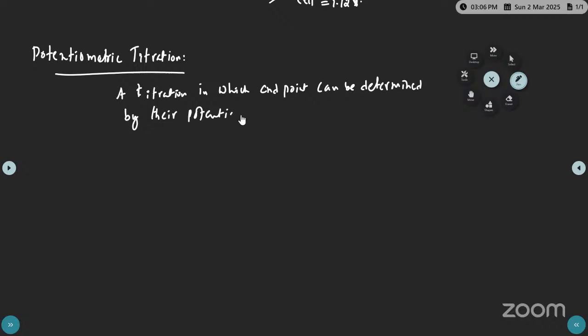What indicates the end point? Where we get the end point, there the total reaction is completed. That implies the reaction is completed.